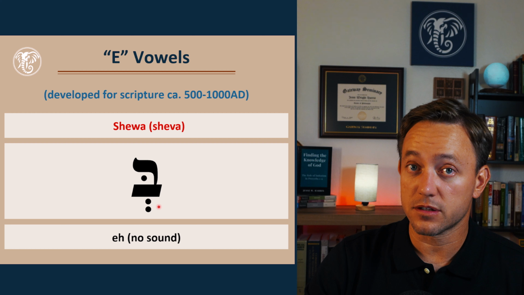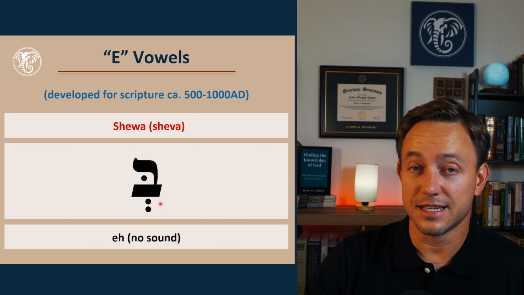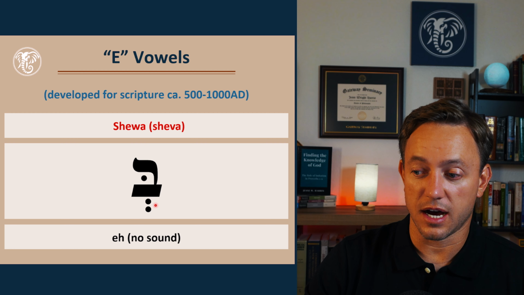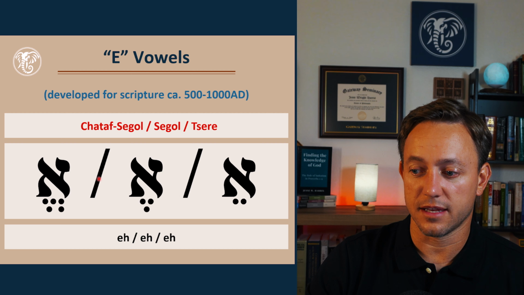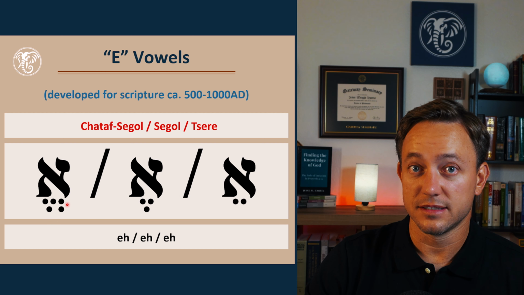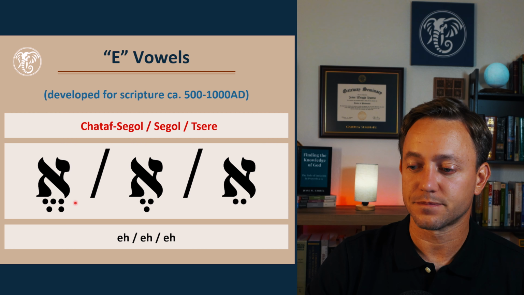Now, this might feel a little bit tricky because the sere is 2 dots, but they're horizontal. And so the shava is 2 dots, but they are vertical. And as we saw in the chataf form, you actually have this shava plus the segol, as we see.